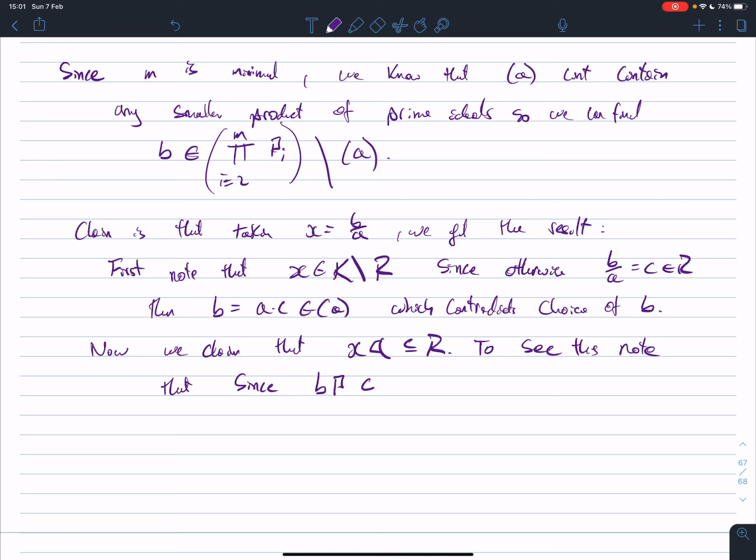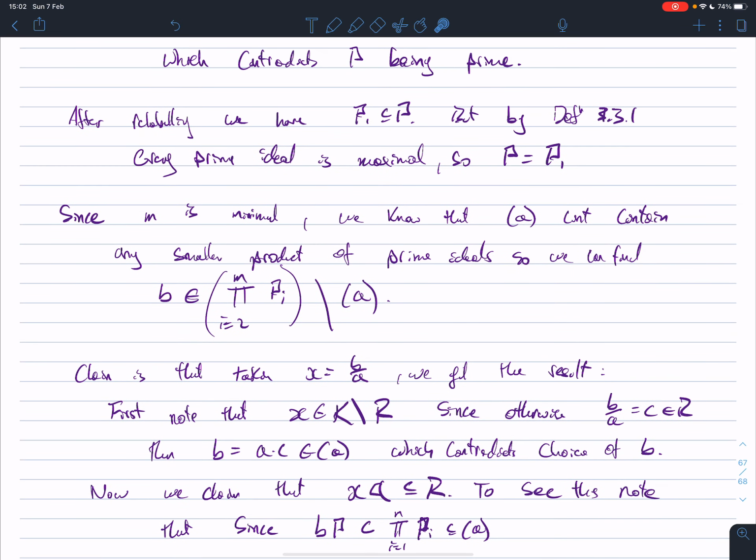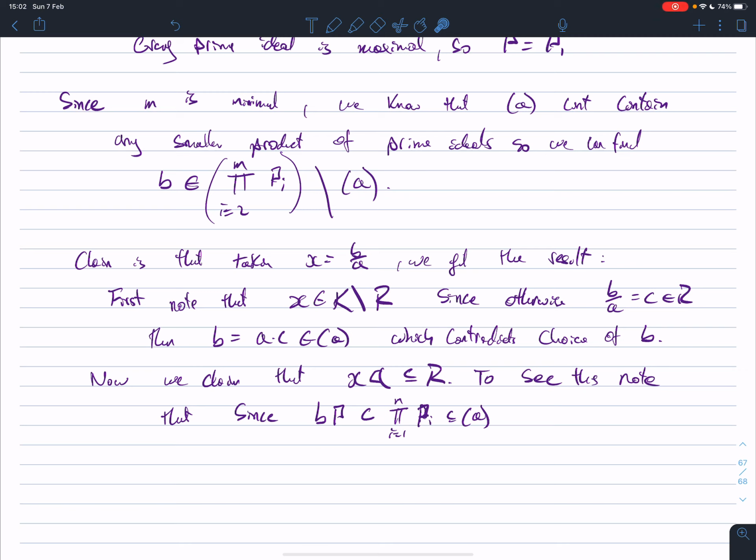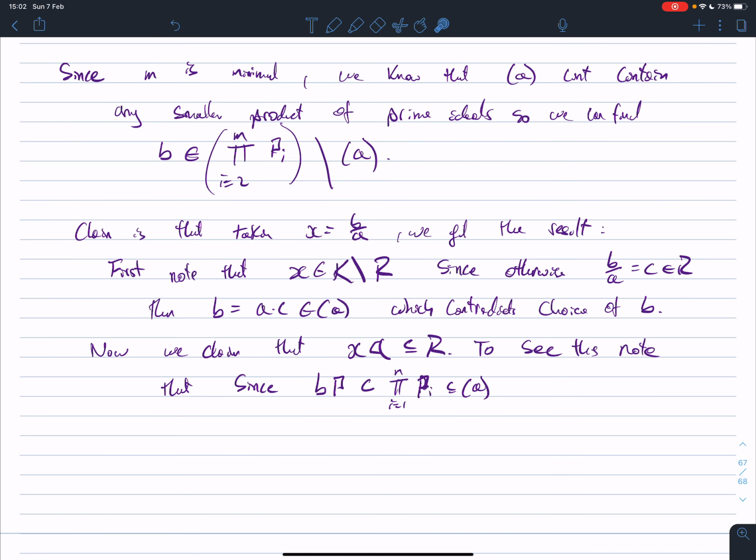This is contained in the product from i equals 1 to m of these P_i's, which is contained in A. Remember, b was some element in this product of the other things which weren't in A, and p was the same thing as p1. So b times p is contained in this product, and we were assuming that this product is contained in A. So we have this chain of inclusions.